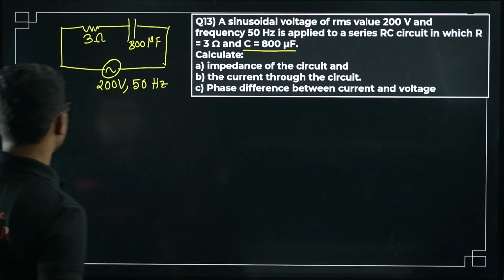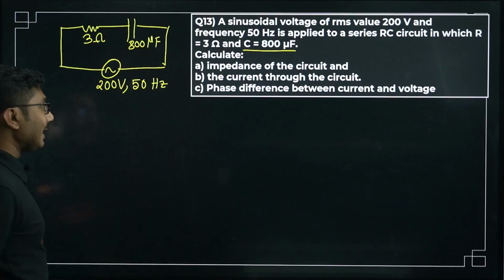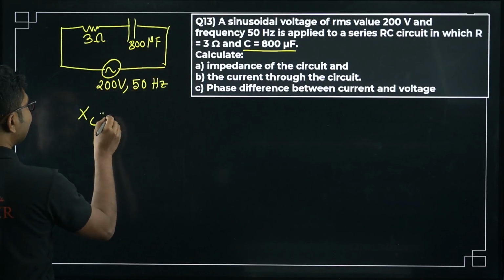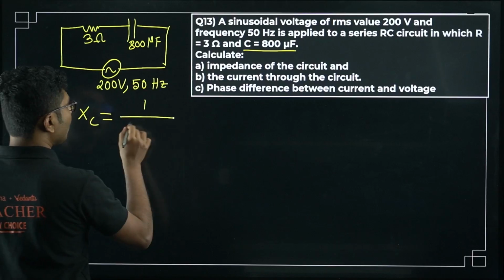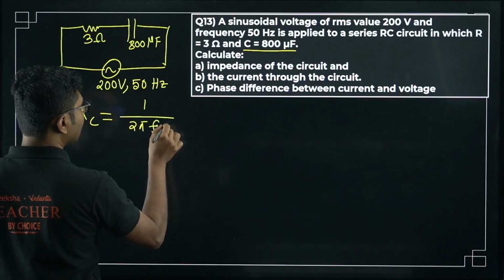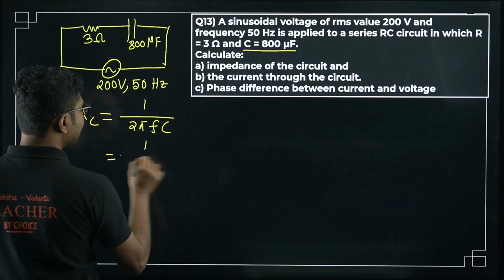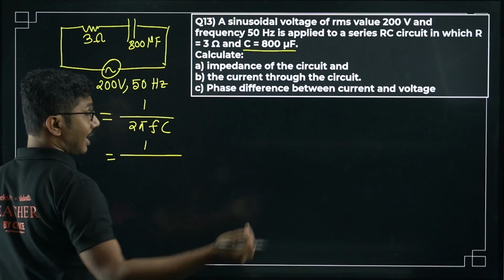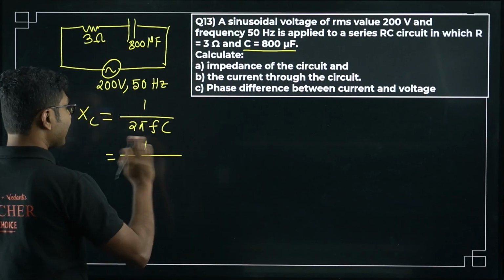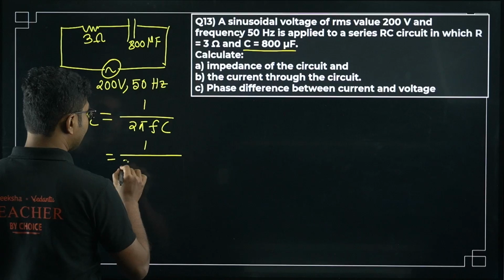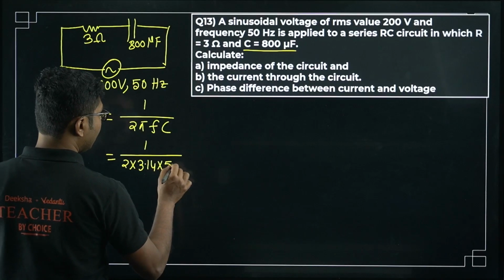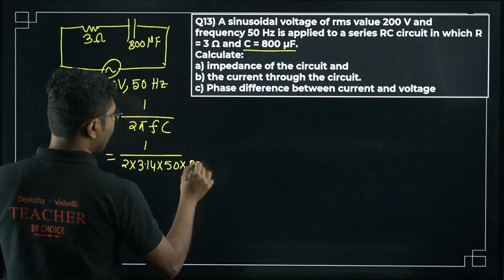Impedance of the circuit. So how to do impedance? There is no L here, but capacitance is there. So definitely we can calculate XC. XC is 1 by 2 pi FC. This step is common. In all the problems, be it RL circuit, RC circuit, whatever they have given you, you have to calculate this. 2 into 3.14 into 50 into 800 microfarad.